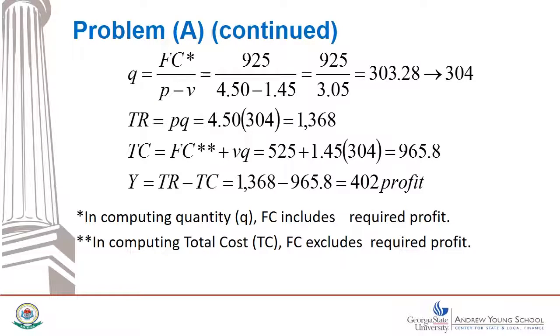That calculation results in total costs of 965.80. Y, or profit, is then the total revenue of 1,368 minus the total costs of 965.8, which produces a profit of 402, which is extremely close to our target profit of 400. The difference is due to having to round up our quantity to the nearest whole pie.